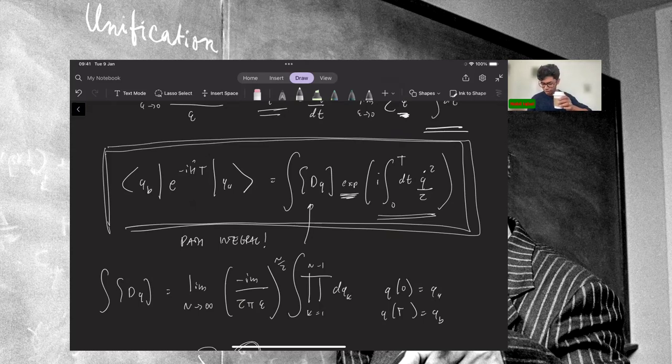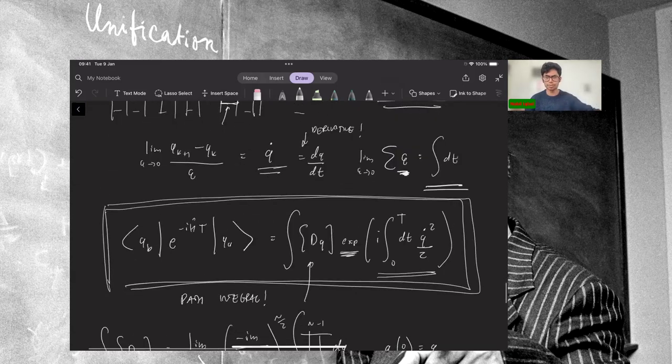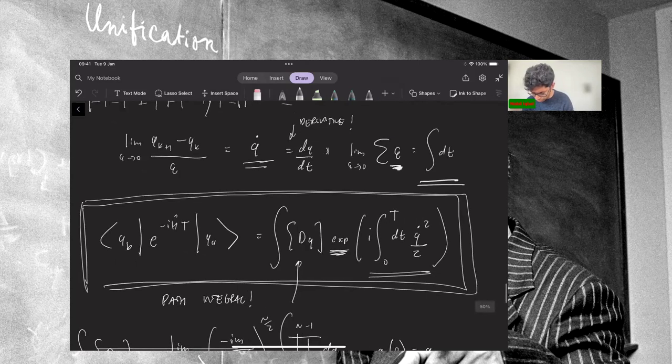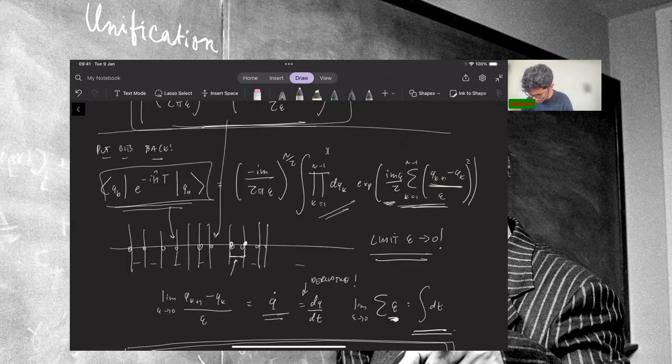Where did the m go in the exponential? Yeah, I think I just dropped it by accident. Sorry. It's a good question. I just brutally dropped it. Let me just make sure that's true. There's an m there.